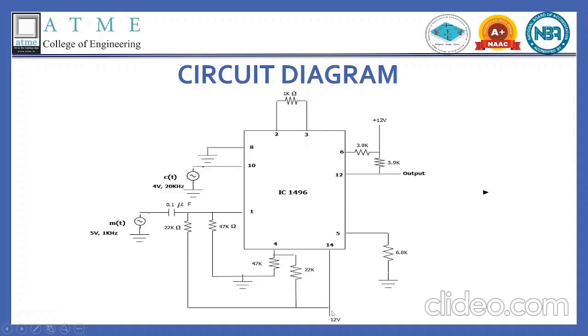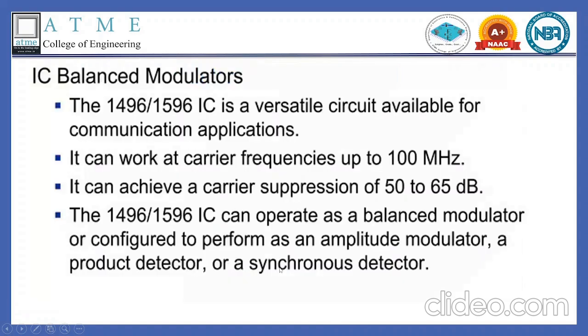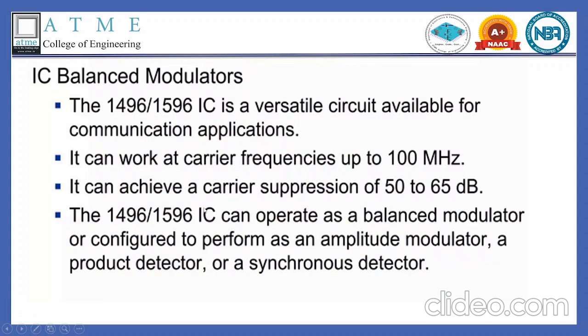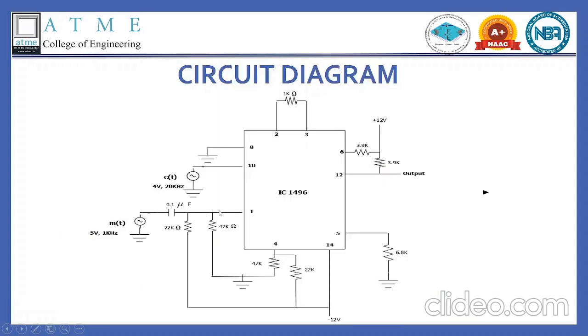for negative drift of the amplitude modulator, and between pin number 1 and 4 we are providing the signal input. The signal input is provided through pin number 1 and 4 using the resistors 47 kilo ohms on either end, for getting a better AM modulated signal.